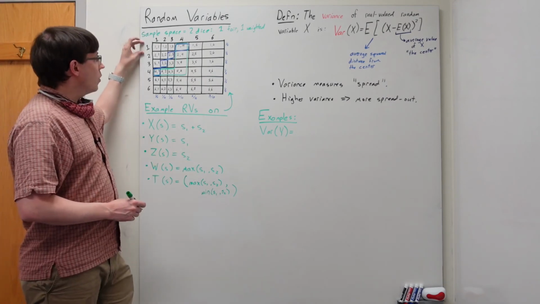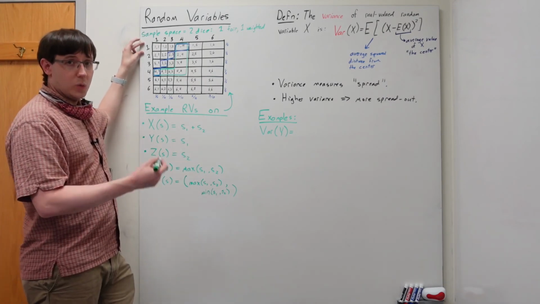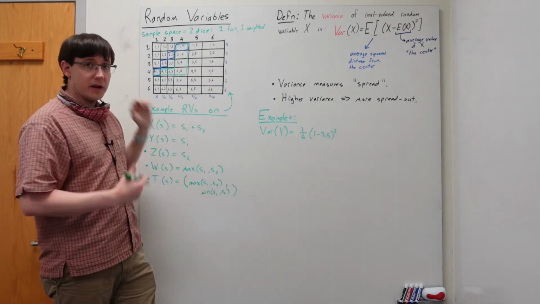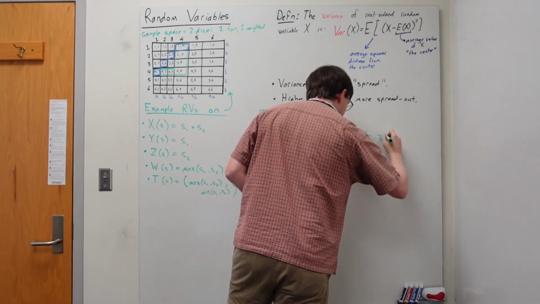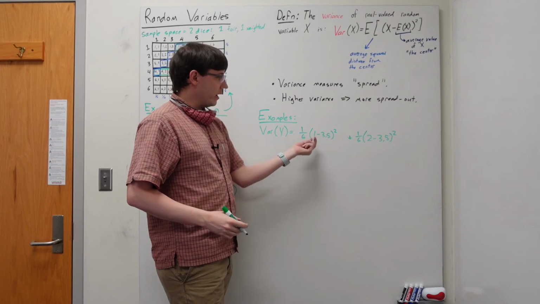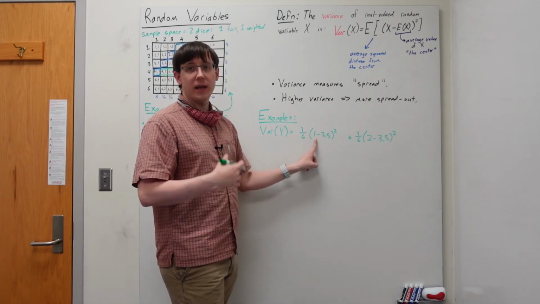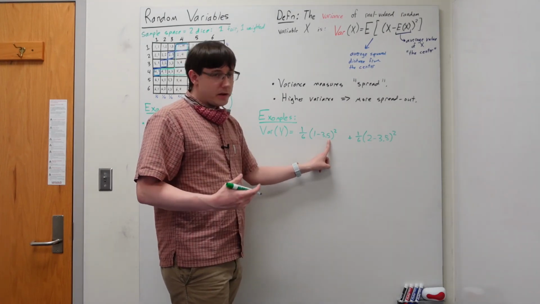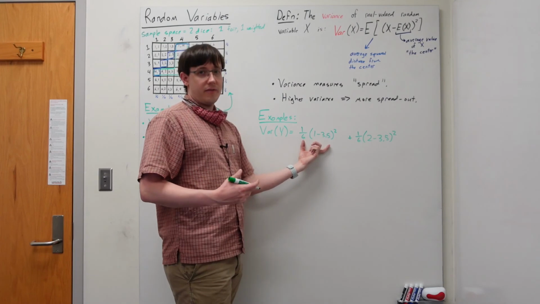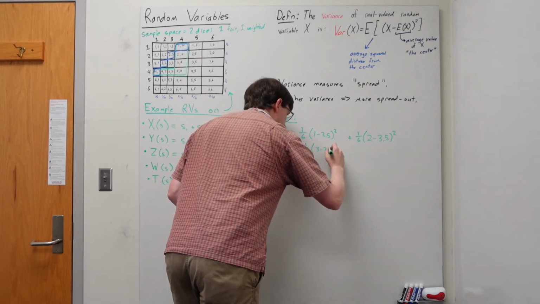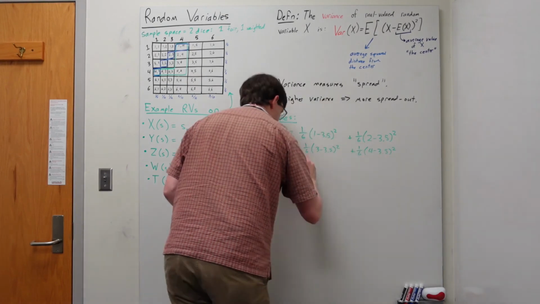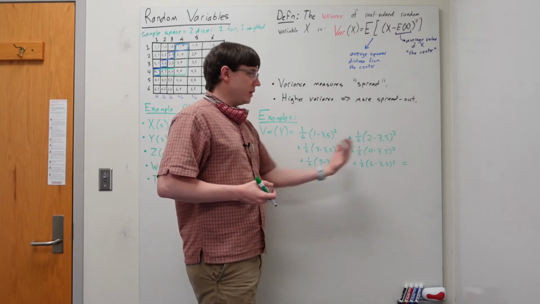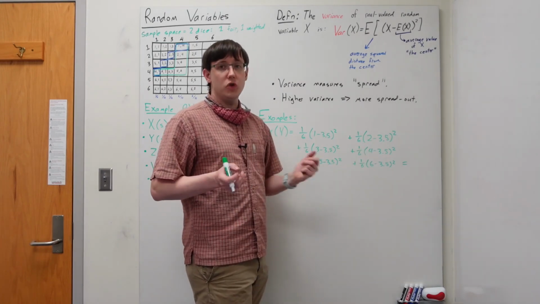So we have a 1/6 probability of the value 1, a 1/6 probability of the value 2, and so on, where for each value we are taking the difference between that value and the expectation, squaring it, and multiplying by the probability of that value. And if we do all this arithmetic, we get a value of approximately 2.92.